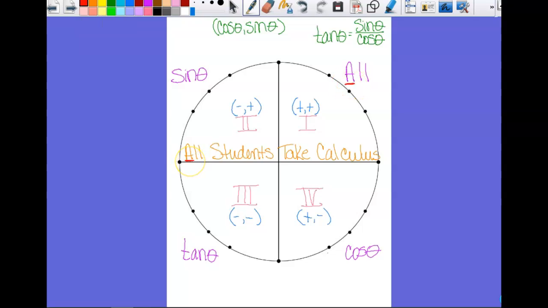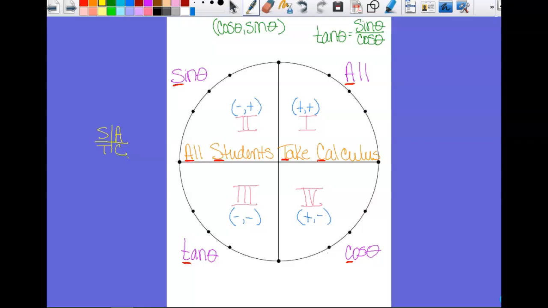That's where the A for the all comes from. Students, second quadrant; take, third quadrant; calculus, fourth quadrant. So when you're trying to think through your quadrants, that's what you want to think about. You could even write this down because that tells you positive in that quadrant.